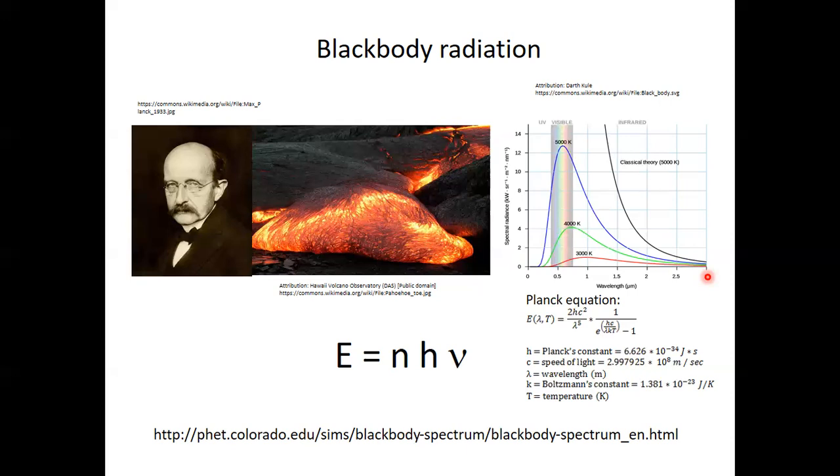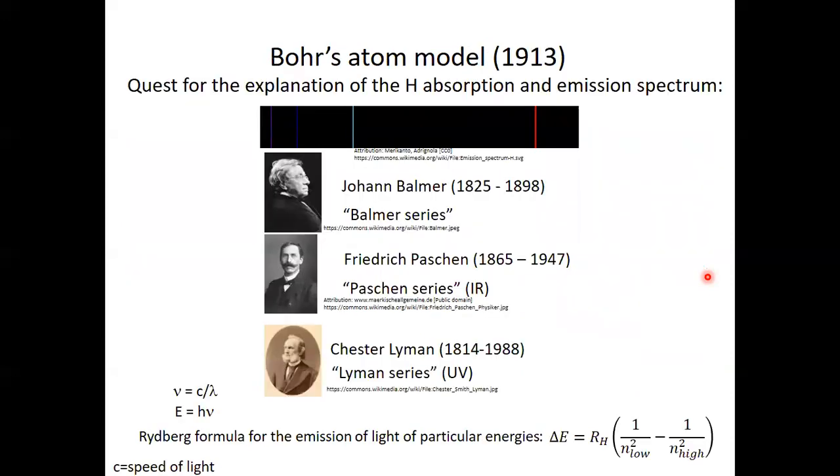Okay. So now with this, for the first time, actually, the idea of quantization appeared, and it appeared again when an explanation for the absorption and emission spectra of atoms needed to be found.